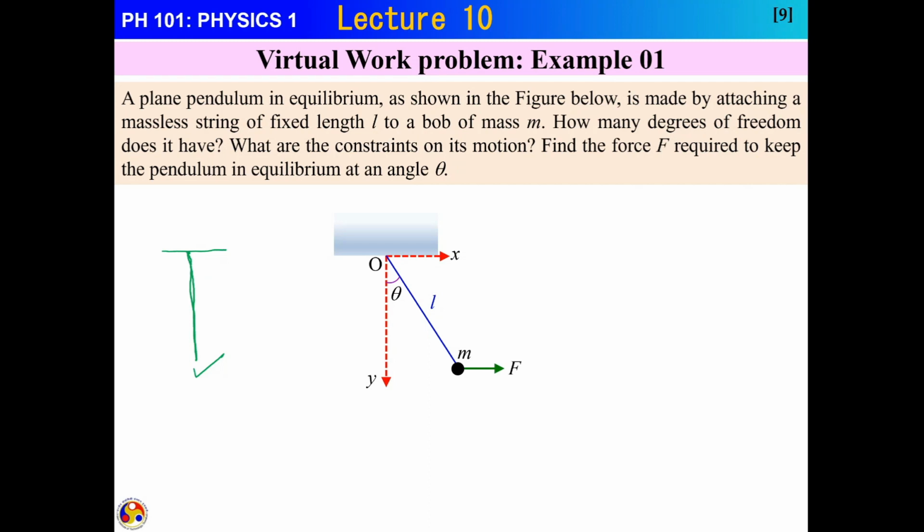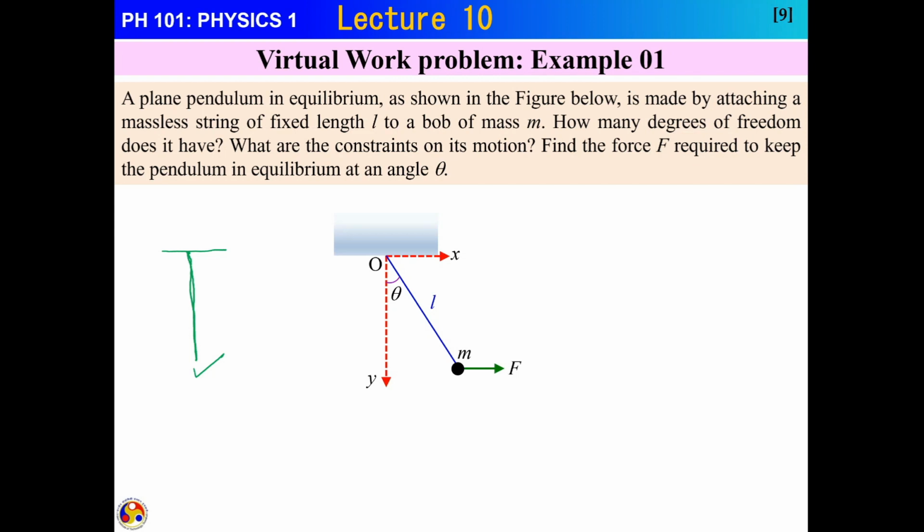Force is applied, the system is ideal, work done is 0, total work done is 0. But then, in order to keep this system in equilibrium, what is the force that you need to apply? This is very important. So in order to maintain such equilibrium structures, you have to understand this concept of virtual work done.